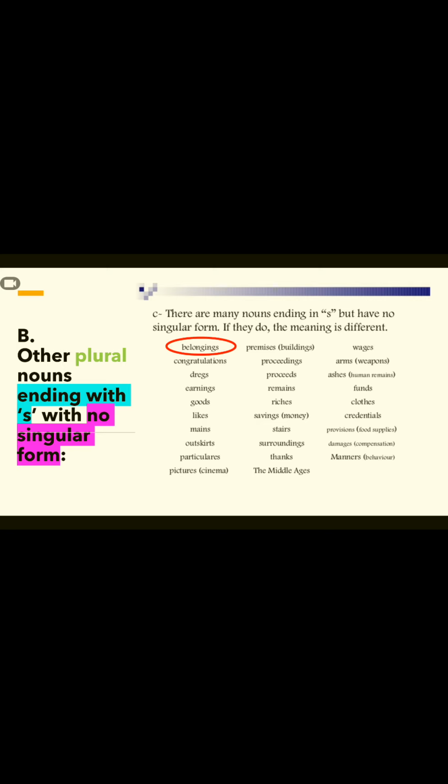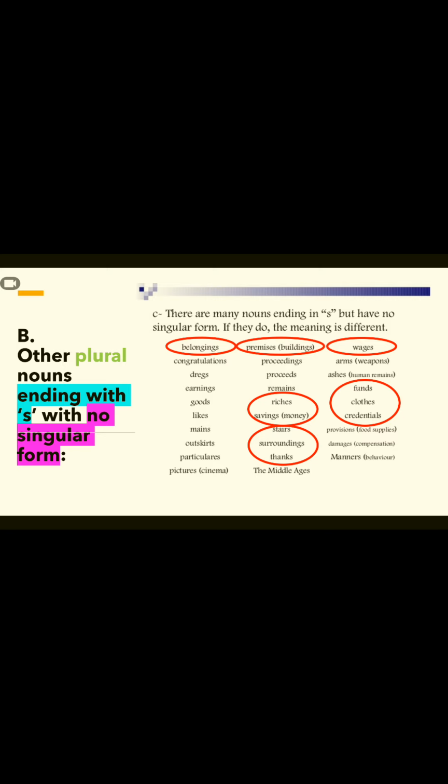They are belongings, premises, riches, savings, stairs, surroundings, things, wages, funds, clothes, credentials.